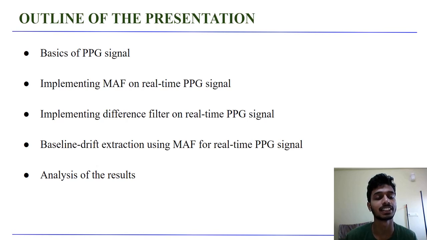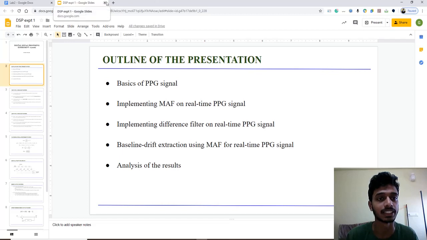Real-time PPG signal in the sense of reading data from the PPG sensor, followed by implementing our algorithm on the signal. This is followed by implementing a difference filter on real-time PPG signal, baseline drift extraction using a moving average filter for again real-time PPG signal, and this will be followed by the analysis of the results. So let's get started.